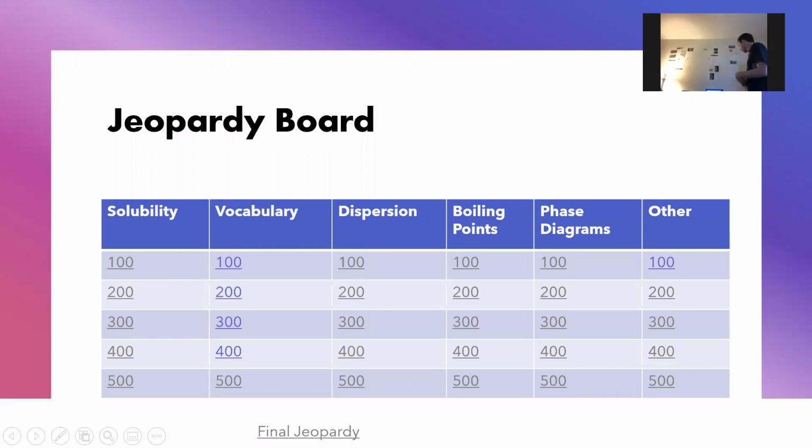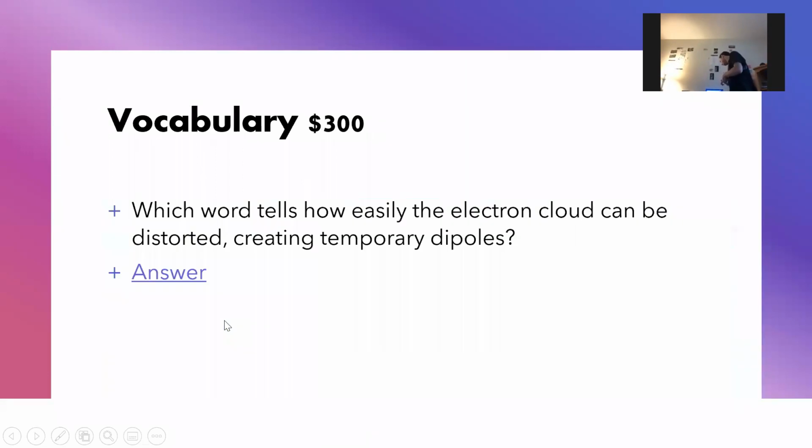Sure, you have control of the board. Vocab for 3. Which word tells how easily the electron cloud can be distorted, creating temporary dipoles?